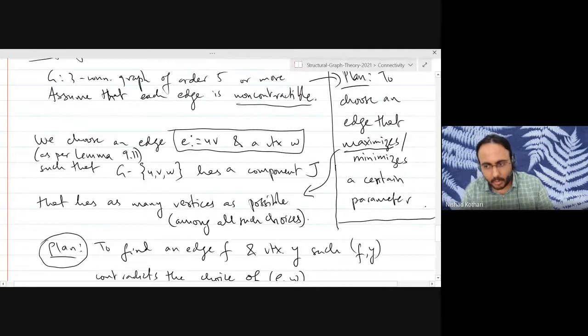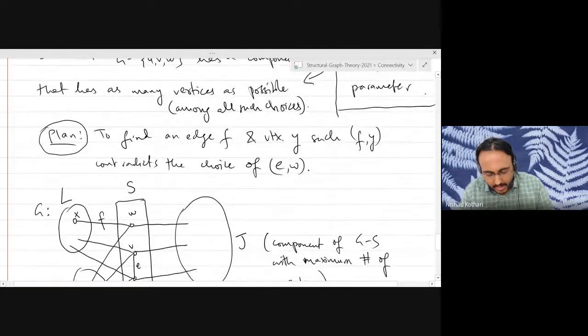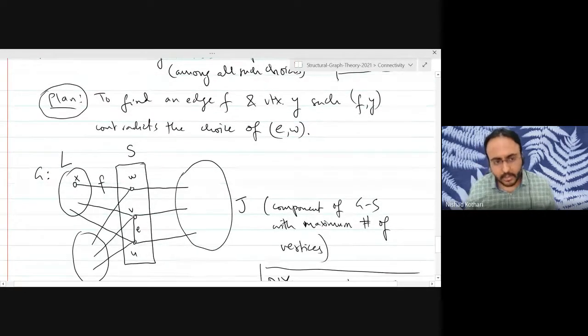I wrote it in a different way, but it's basically the same thing. So we are maximizing over all E, W the size of the biggest component after deleting U, V and W. And now we want to get a contradiction to the choice of the edge E and the vertex W. So that is what we were doing.